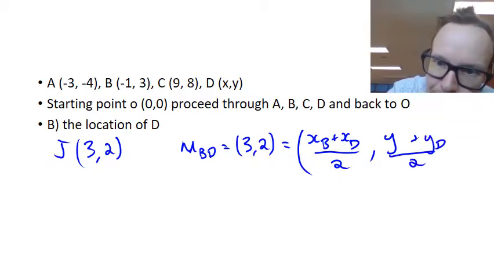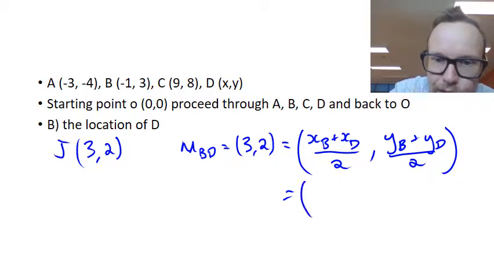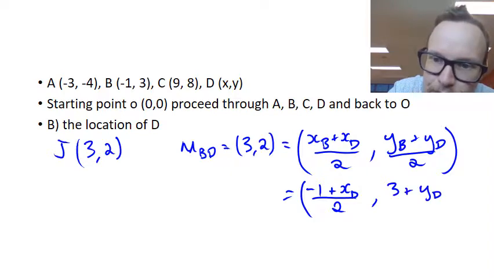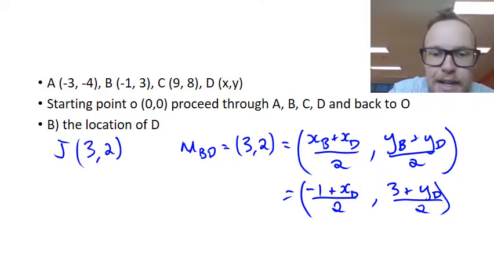That B looks a bit funny. All right. So our x value for B is -1 plus xD over 2. Our y value for B is 3 plus yD over 2. In order to work these out, I can work them out separately.